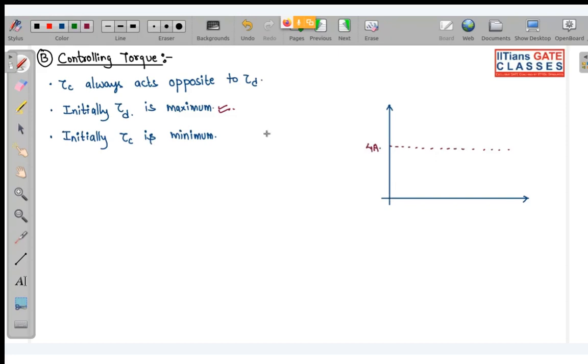With this green color, I am drawing deflecting torque. Wait a minute. If I want to draw deflecting and controlling torque, draw it like this.